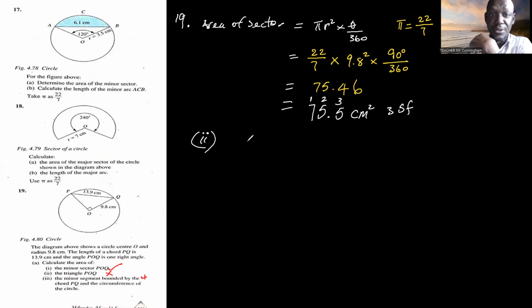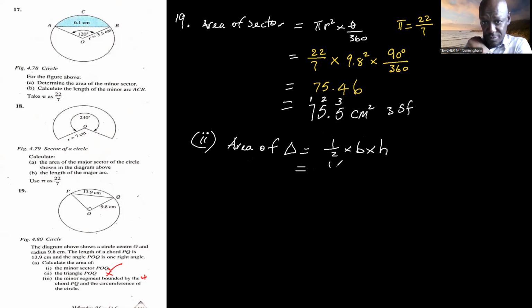The area of triangle, because it's a right angle triangle, is a half multiplied by the base, multiplied by the height. The base is 9.8 and the height is also 9.8.